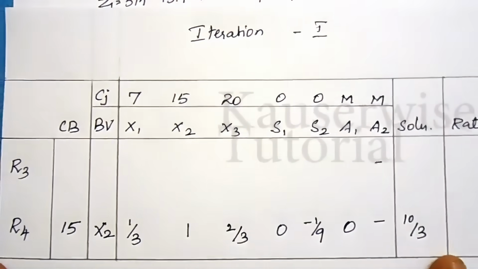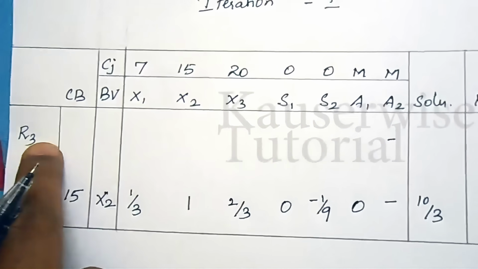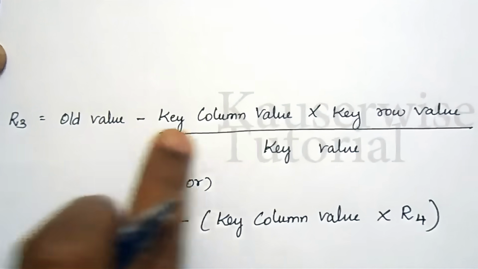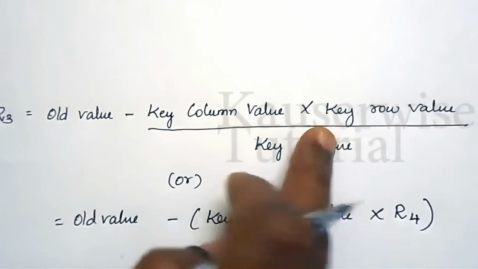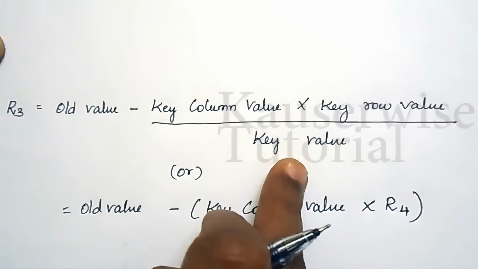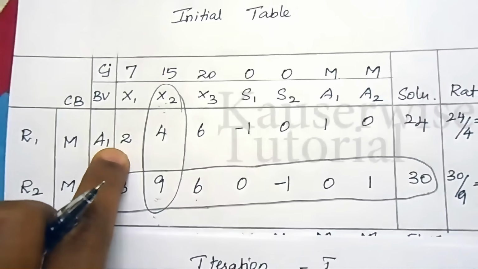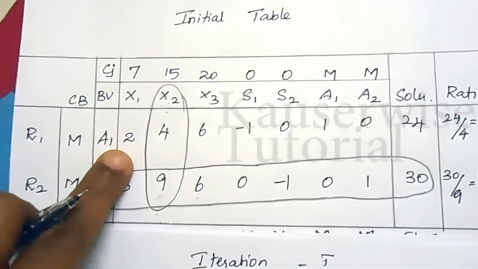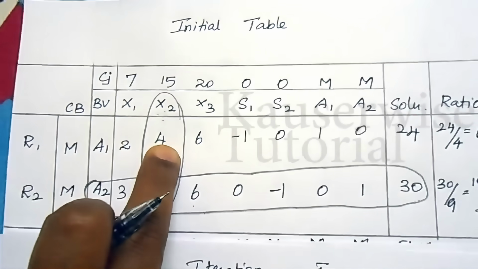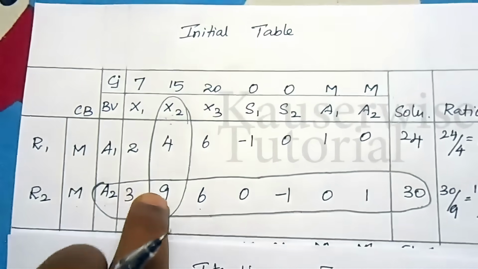Now we need to find the values for row 3. In order to find values for row 3, there is a formula: old value minus key column value into key row value divided by key value. Look at the initial table. For the first value, old value is 2, so 2 minus the corresponding column value 4, into the corresponding key row value 3, divided by key value 9.